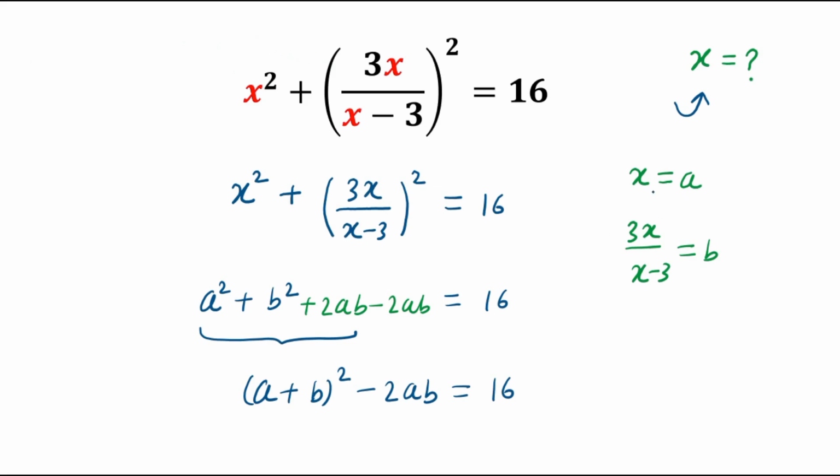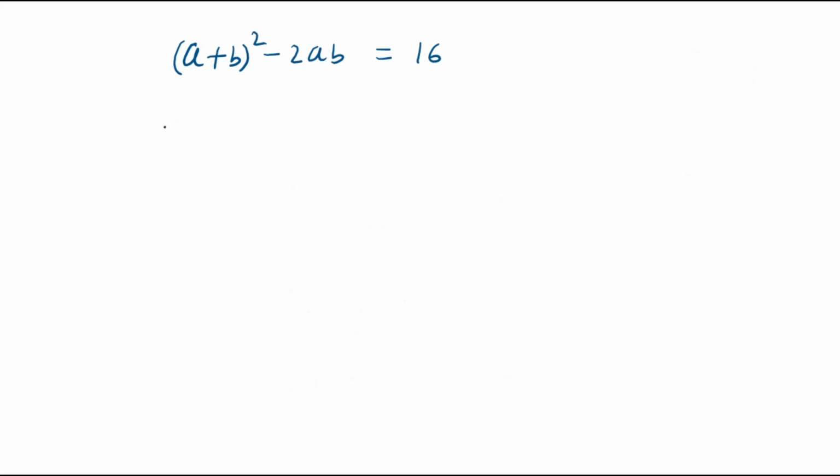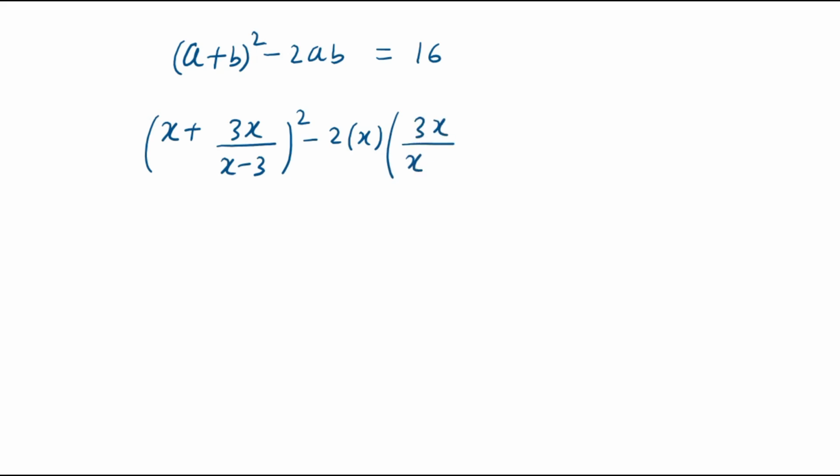Value of a is x and value of b is 3x/(x−3). So (x + 3x/(x−3))² − 2 times x times 3x/(x−3) = 16.